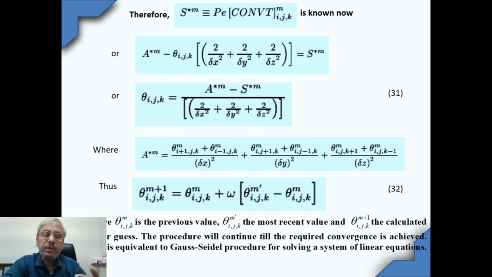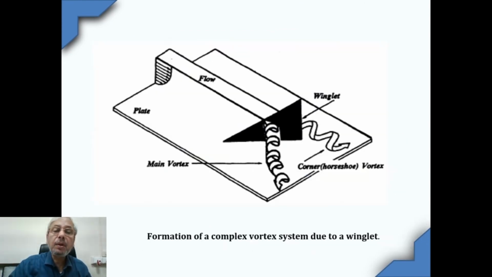Then we are solving the energy equation. So now I will give one or two very successful computations. There are many, but I am giving just one or two examples because these are very complex flow fields.